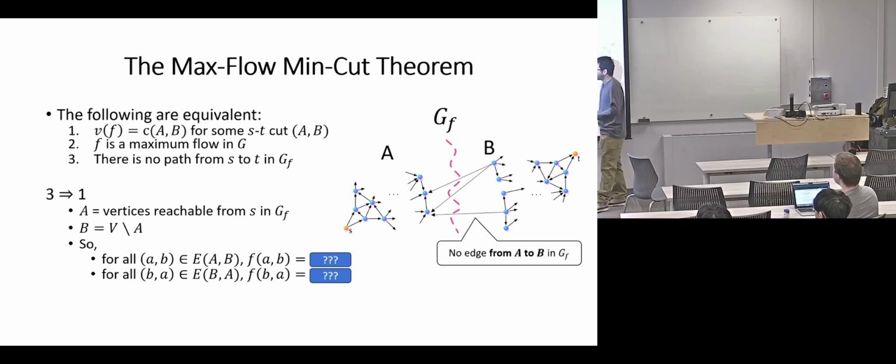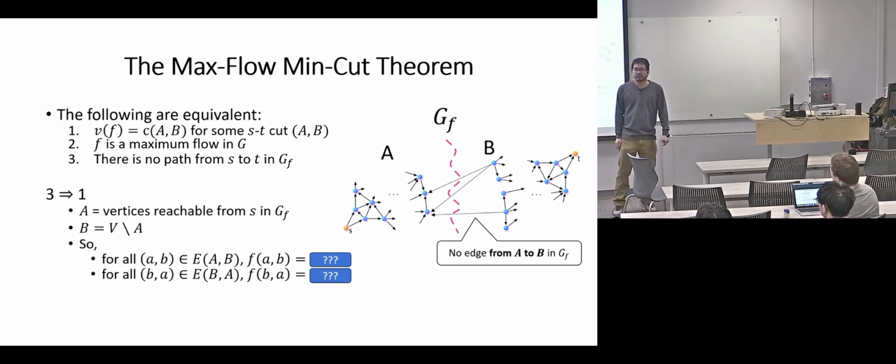This is in the residual graph. What if I ask you about the original graph? For every edge from A to B in the original graph, not in the residual graph, what's the flow value of this edge? Would it just be the cut? From A to B?